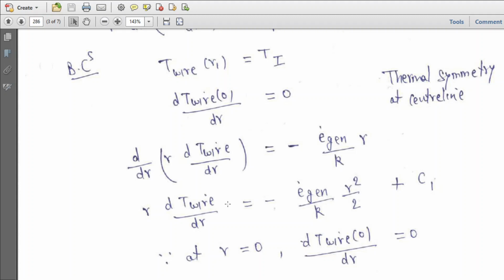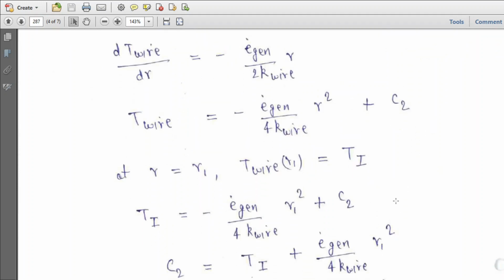So if you substitute 0 here, you can calculate C1 equal to 0. Now you have dT wire upon dr equal to minus E dot generation r upon 2k wire. So T wire equal to minus E dot generation r square upon 4k wire plus C2.